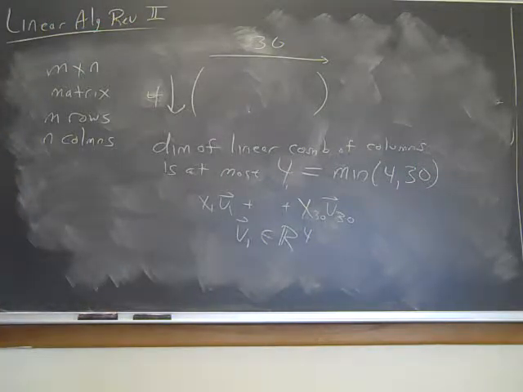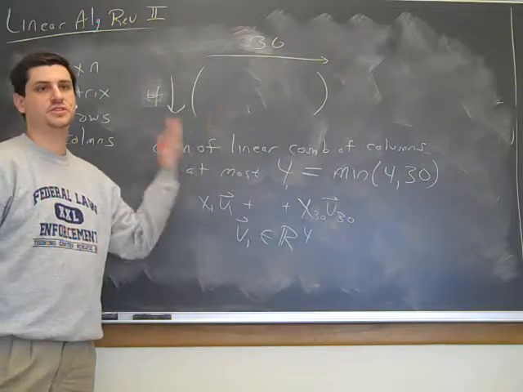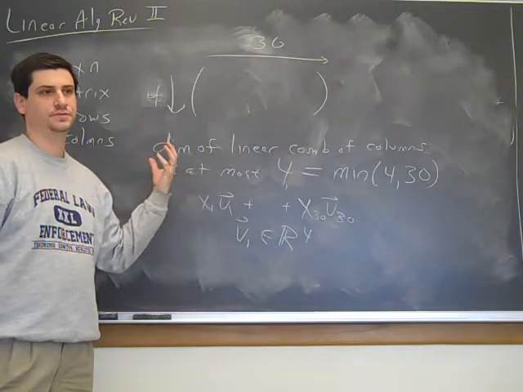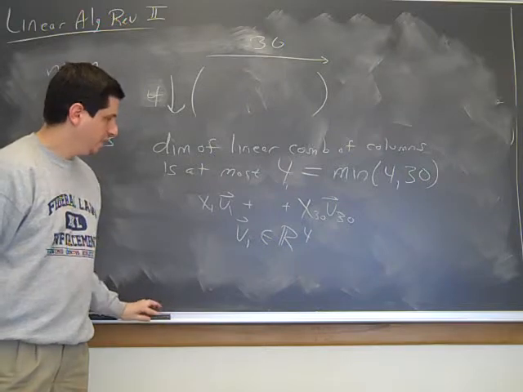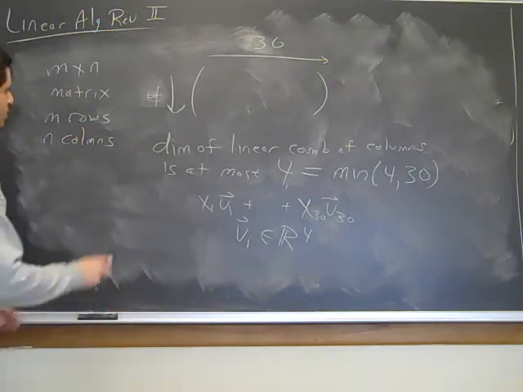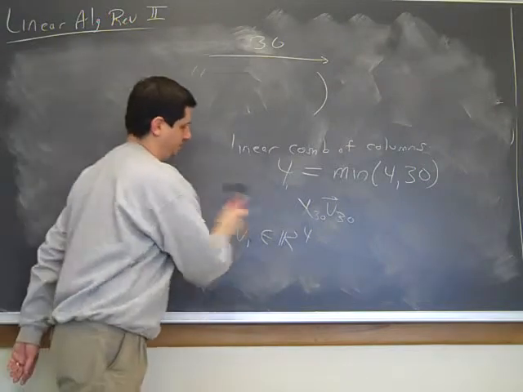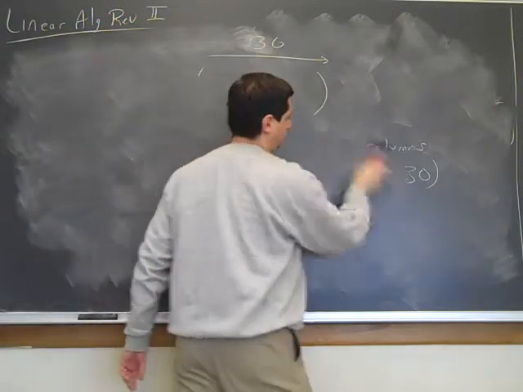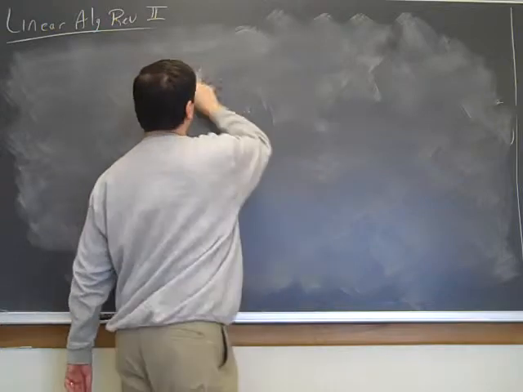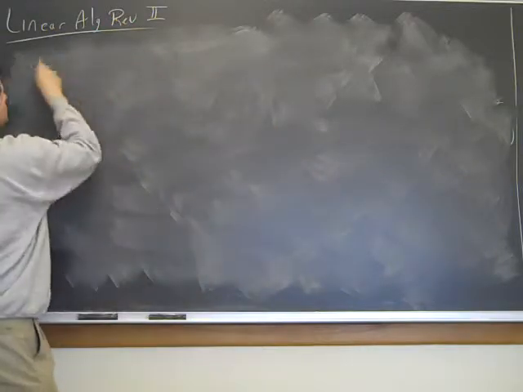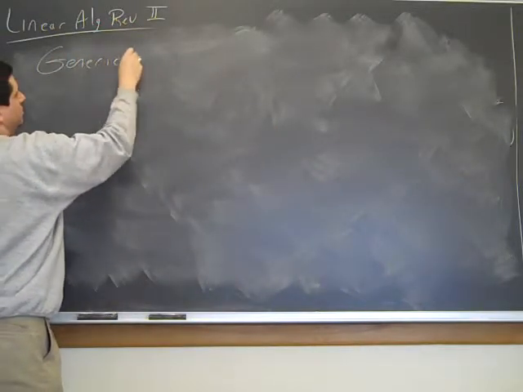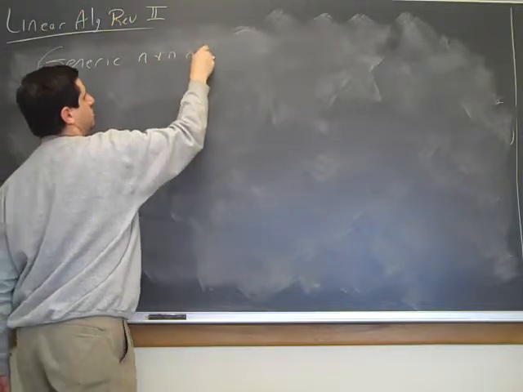And so this gives you a sense of what kind of spaces these columns can give you. And so then the last thing to mention, I think, for today is what would happen for a generic matrix. So a generic n by n matrix.